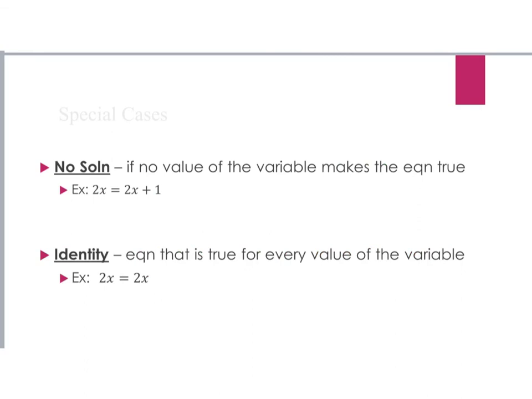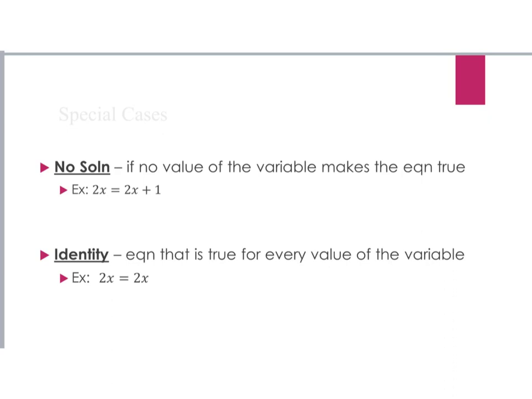Now every once in a while we run into a couple special cases when we're solving equations. Sometimes we'll run into an equation that has no solution, and we know it has no solution because the value of the variable makes the equation not true. An example of this is 2x equals 2x plus 1.